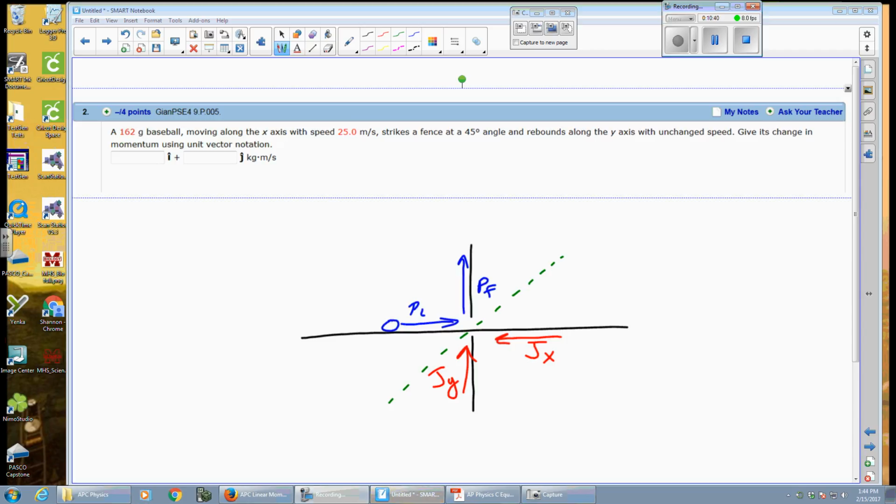So Jx should be 0.162 kilograms times 25, and that should be negative, and then I should have that same value positive in the y direction. Let me try it, see if it works.